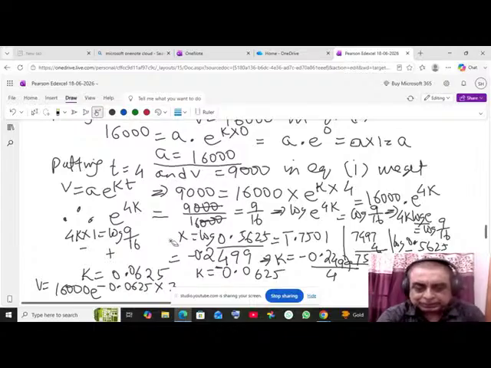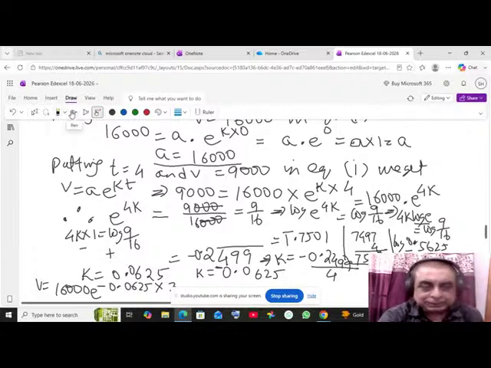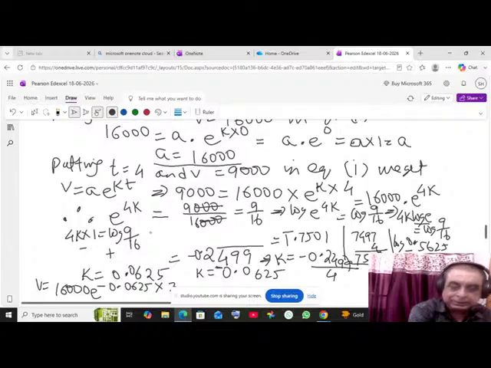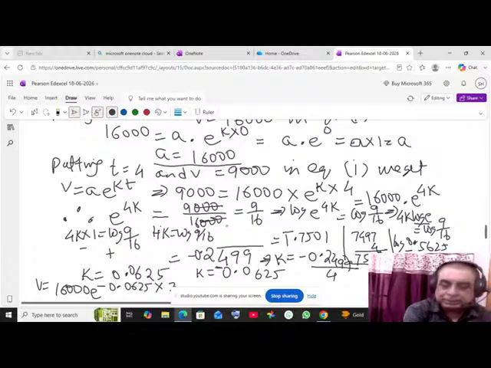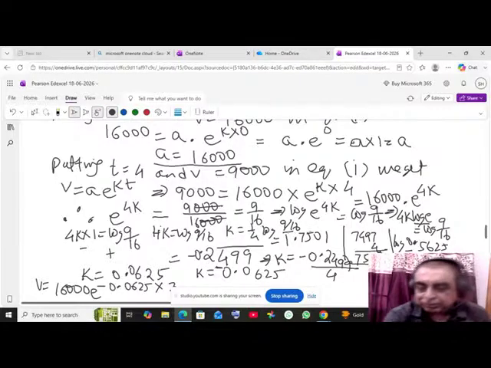Here the k value can be written just in the form of log. 4k is log 9 upon 16, so the k value is 1/4 of log 9 upon 16. So that is the value of k.